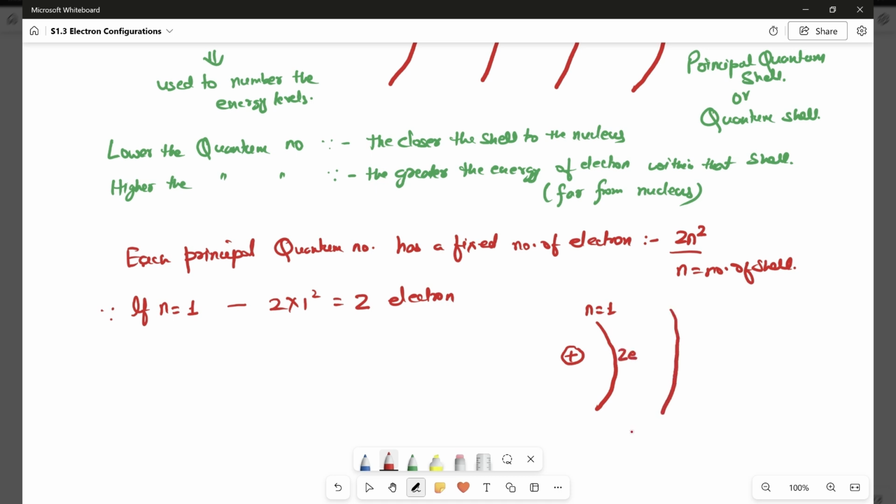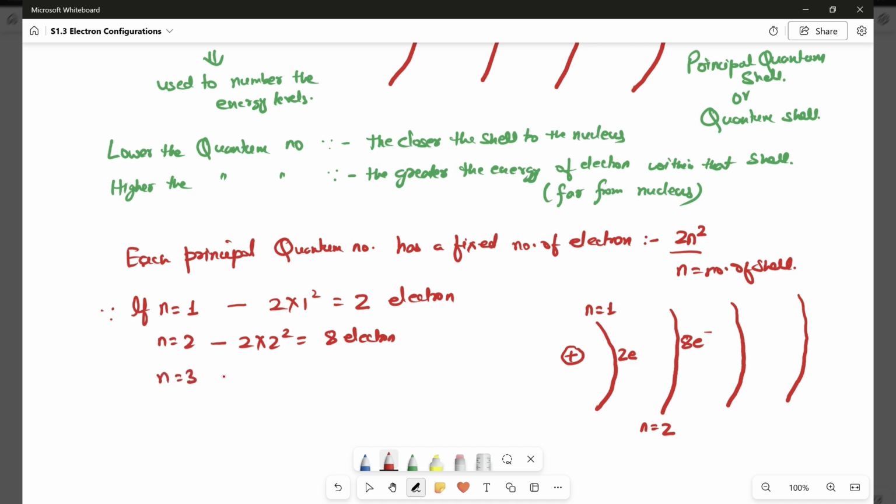Let's talk about n equal to 2. This shell will accommodate 8 electrons. What about the third shell and the fourth shell?